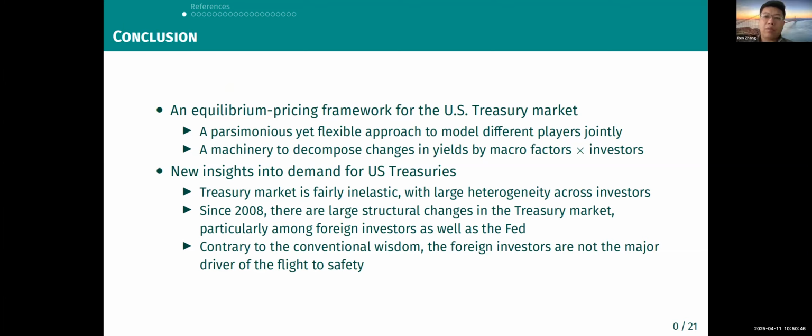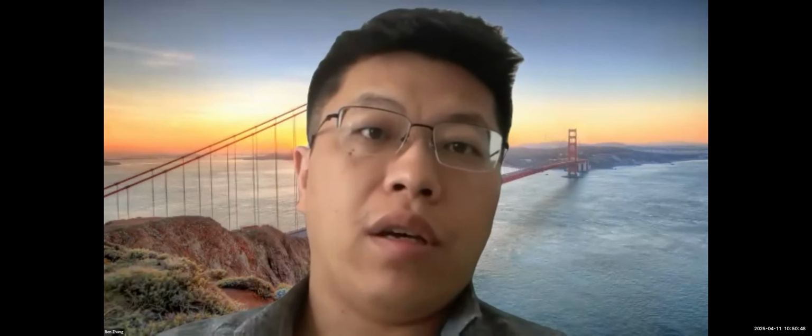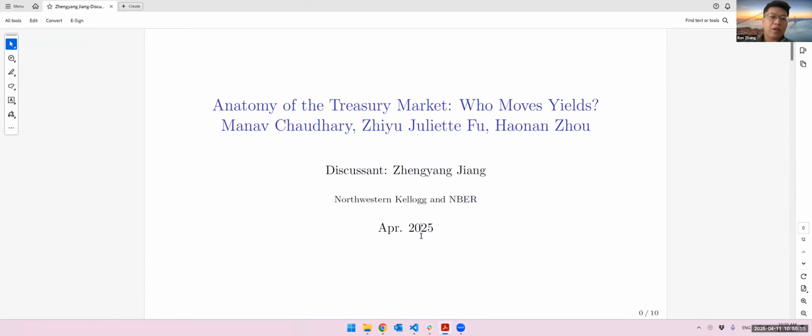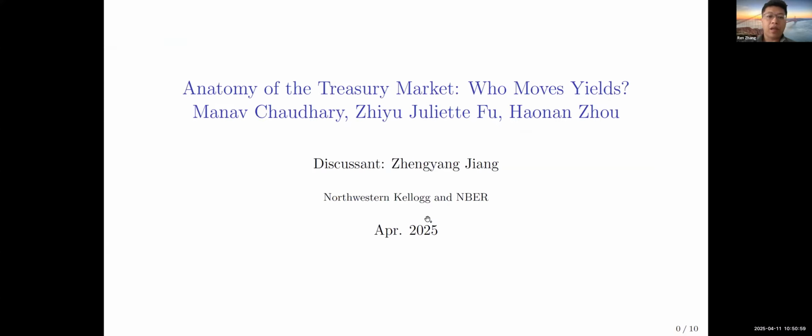Okay, so many thanks to Haonan for the great presentation. Our discussant is going to be Professor Zhen Jiang from Northwestern University. Actually, Professor Jiang is also going to give us a talk on May 2nd. The topic is also very interesting: it's on monetary fiscal coordination with the international HKU.